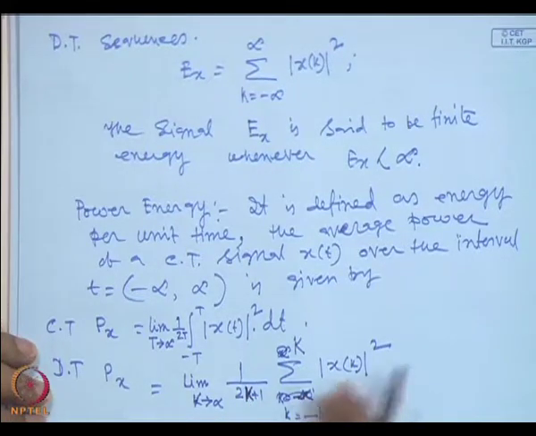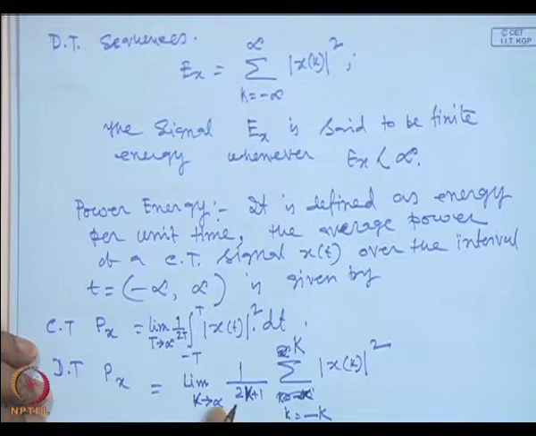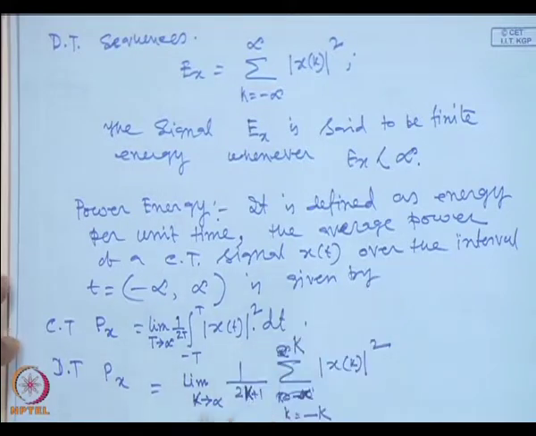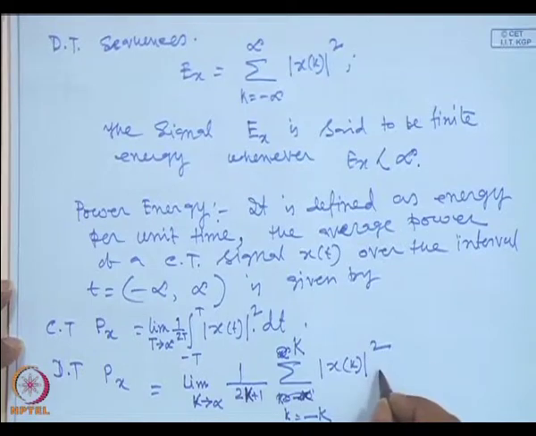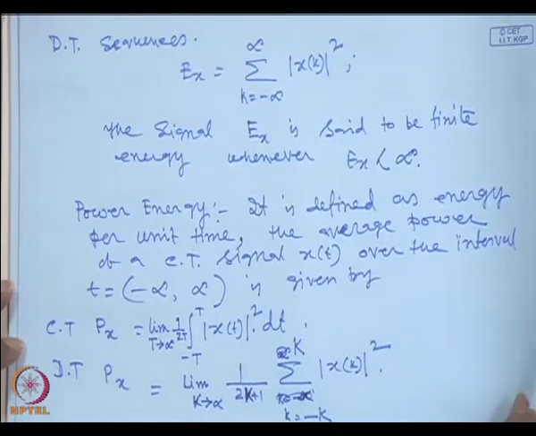So, 1 by 2K plus 1, because minus K to plus K is 2K, and there is a 0 in the time index, so it is 2K plus 1. This is the discrete time case.